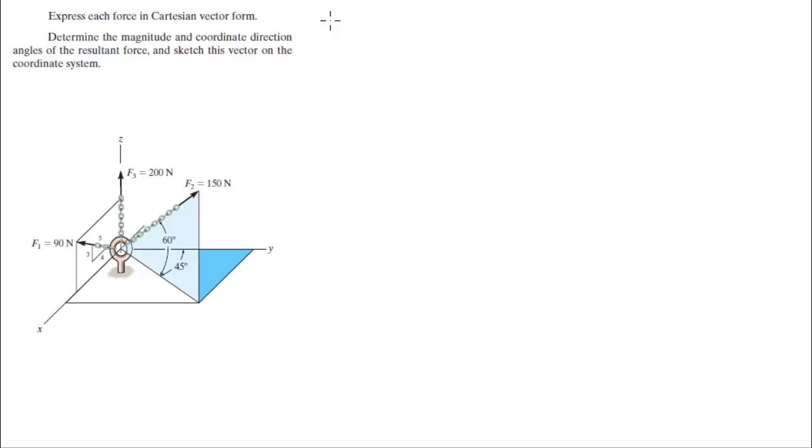Alright, so we got F1. Now F1 has an X component, a Y component, and a Z component. You can see that the Y component of F1 is 0. It doesn't have any value in the Y direction. Now the X component is going to be 90 times 4 over 5, which is equal to 72.